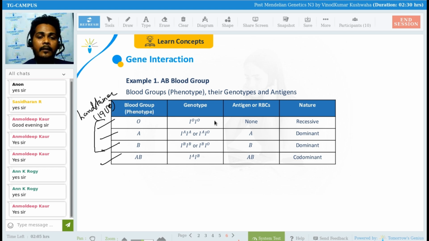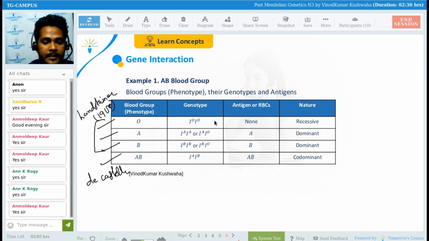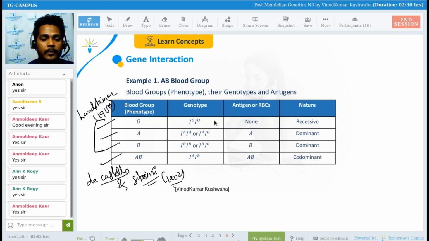And similarly, blood group AB was discovered by De Castello and Sturli. These are 2 different persons, who discovered the AB type of blood group in the year 1902. So these are the discoveries of blood groups A, B, O and AB.